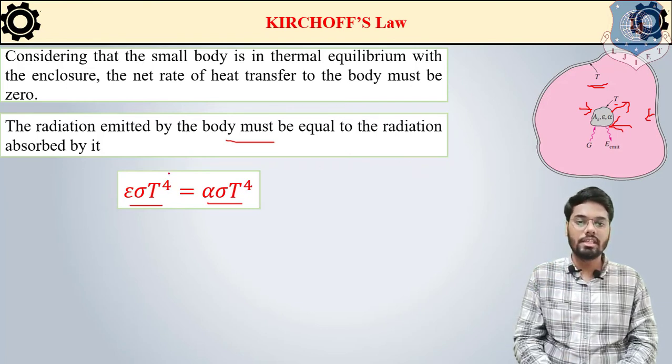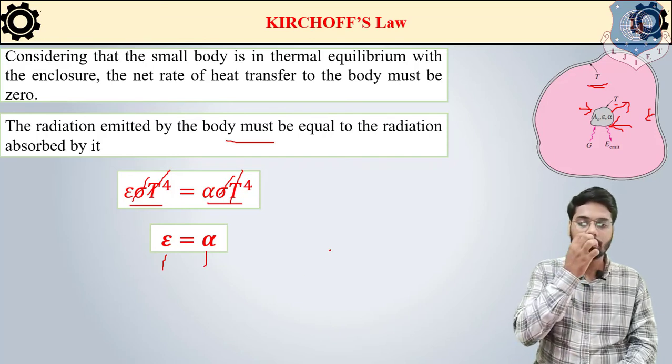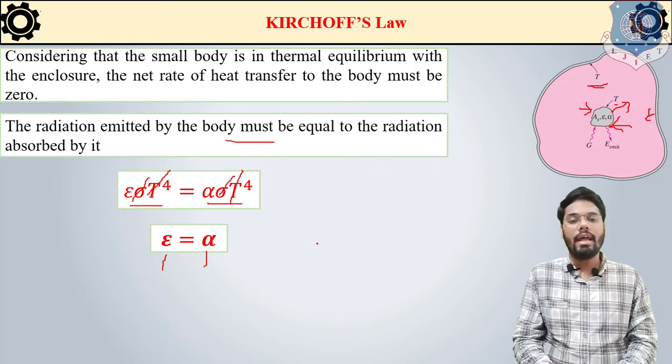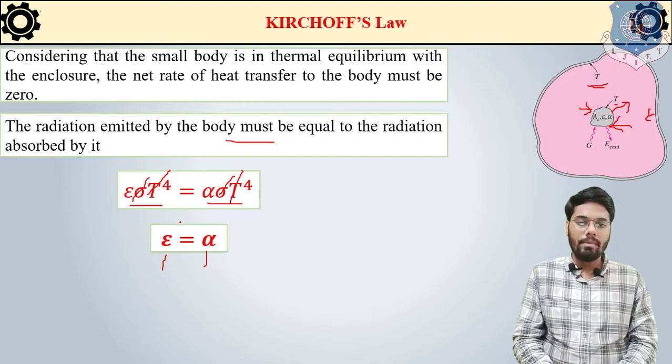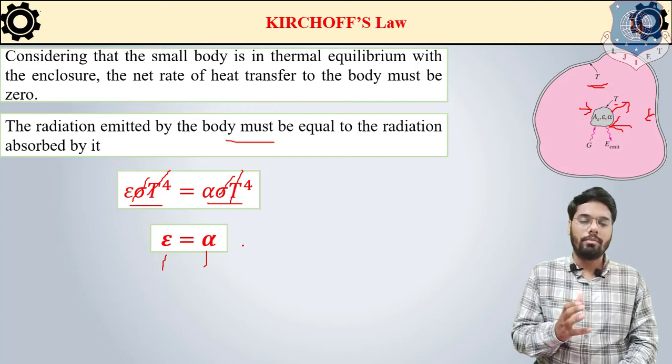From this equation, sigma into T raised to 4 cancels out, so the remaining is that emissivity is equal to absorptivity. So whenever two bodies are in thermal equilibrium, the emissivity of the body is equal to its absorptivity.